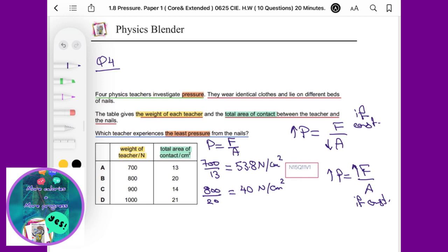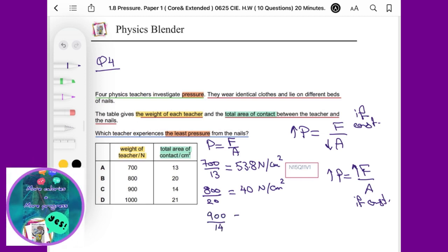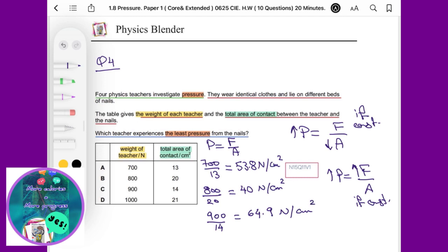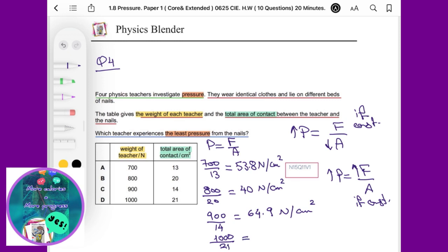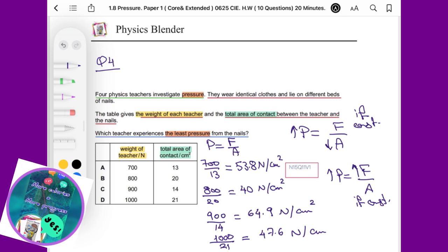Third one, third teacher, 900 divided by 14. The answer is 64.9 Newton per square centimeter. The last teacher here, 1021 is equal to 47.6 Newton per square centimeter.